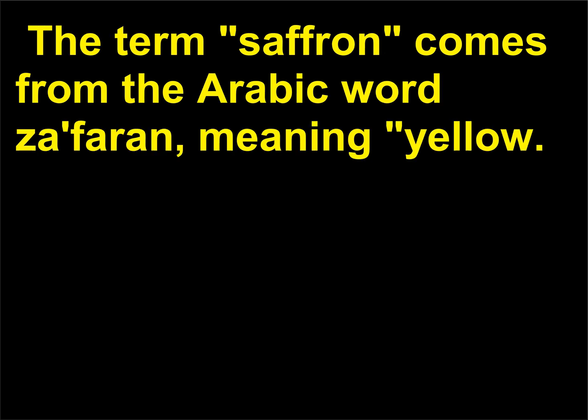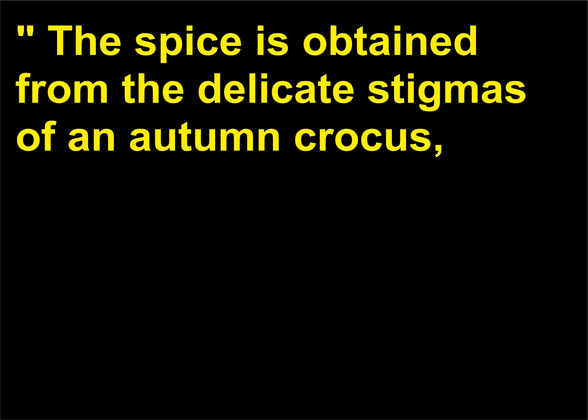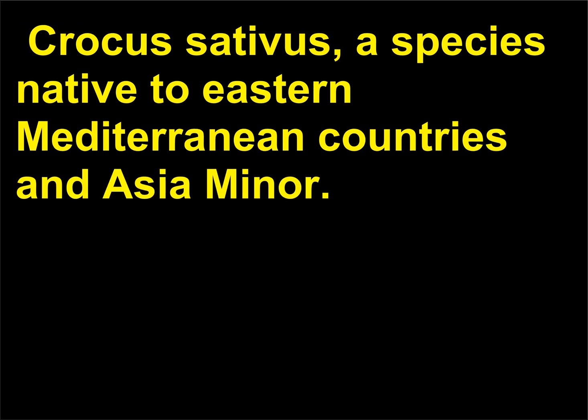The term saffron comes from the Arabic word za'faran, meaning yellow. The spice is obtained from the delicate stigmas of an autumn crocus, Crocus sativus, a species native to eastern Mediterranean countries and Asia Minor.